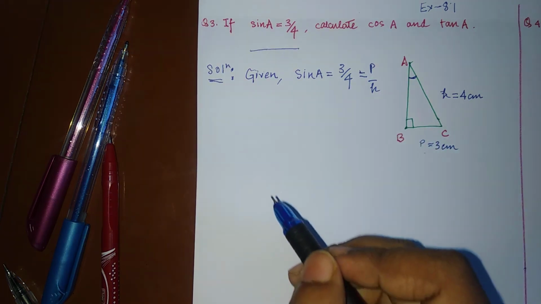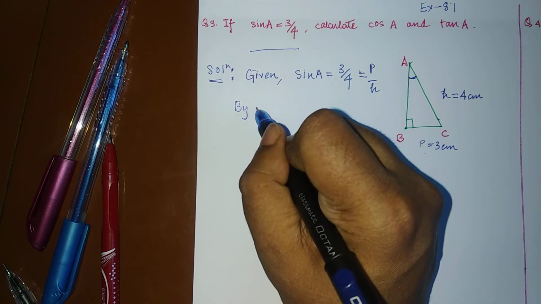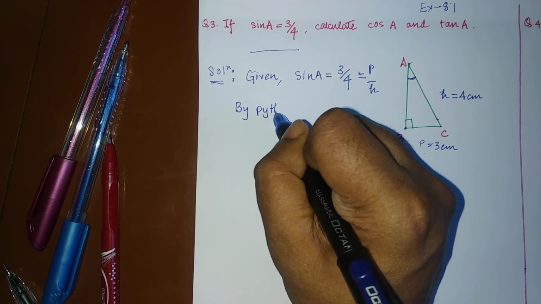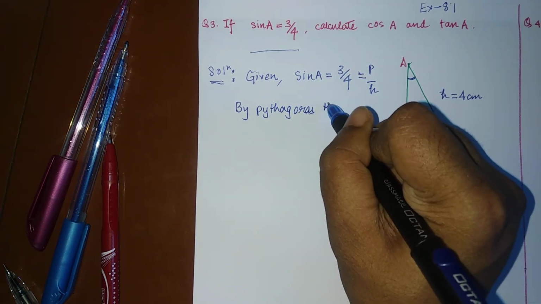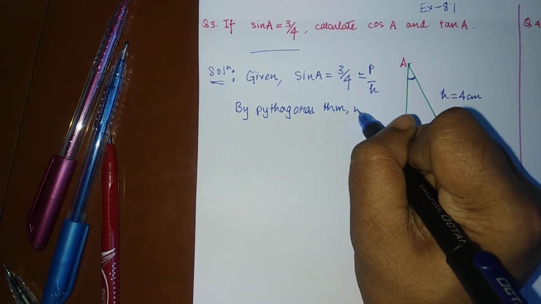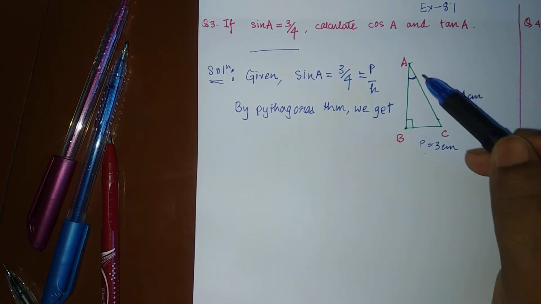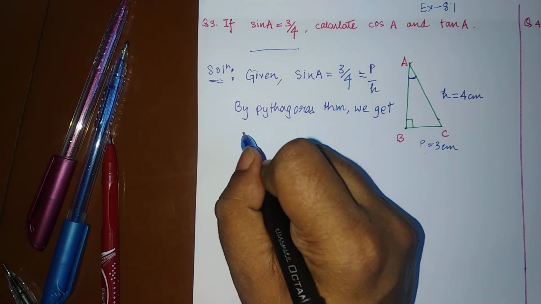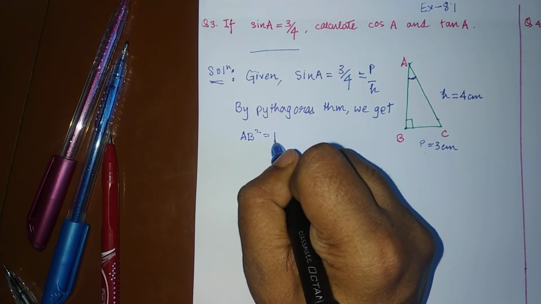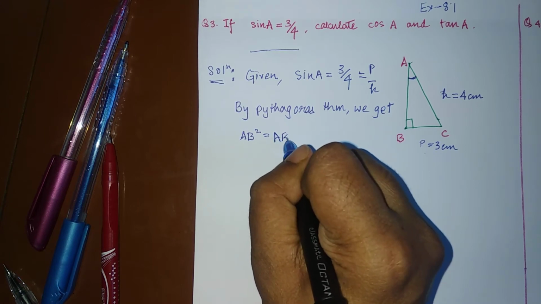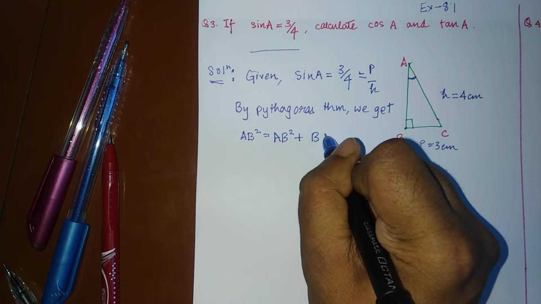So you can find this side by Pythagoras theorem. By Pythagoras theorem we get, AC square is equal to AB square plus BC square, hypotenuse square equals base square plus perpendicular square.